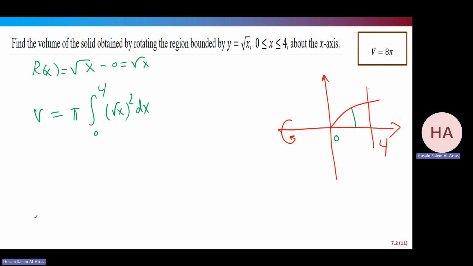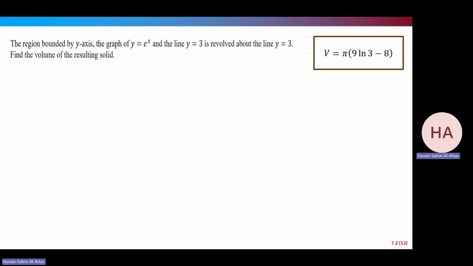That gives pi times x squared over 2 from 0 to 4, which is pi times 16 over 2, which is 8. So that will be 8 pi, and that will be the answer.